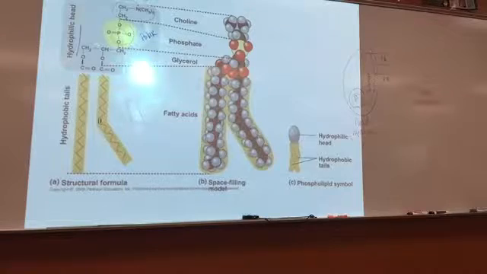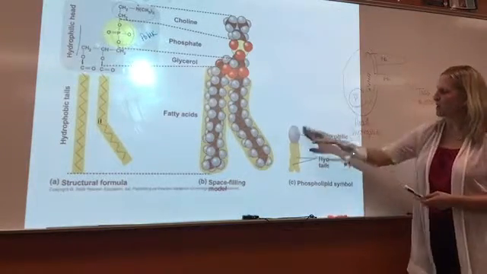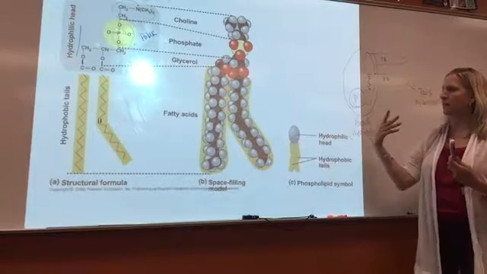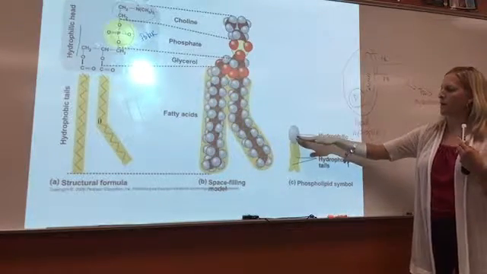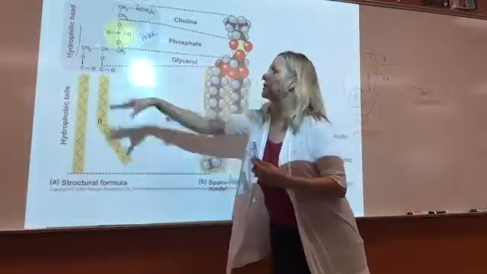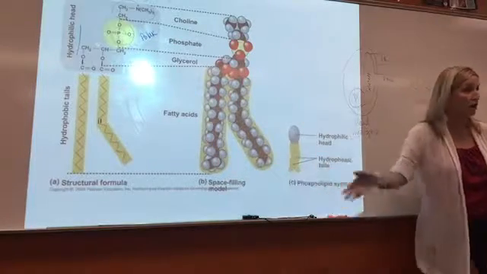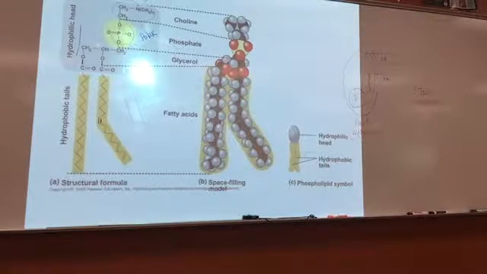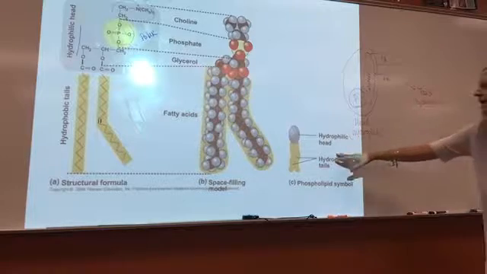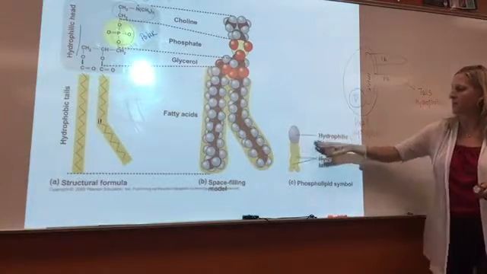The cell membrane is made out of phospholipids, and so when we see a drawing like this, they're assuming that you remember why the head is hydrophilic, because it has that polar functional group, and why the tails are hydrophobic, and that they're hydrocarbon chains. And so this is the cell membrane, and these make up the cell membrane.